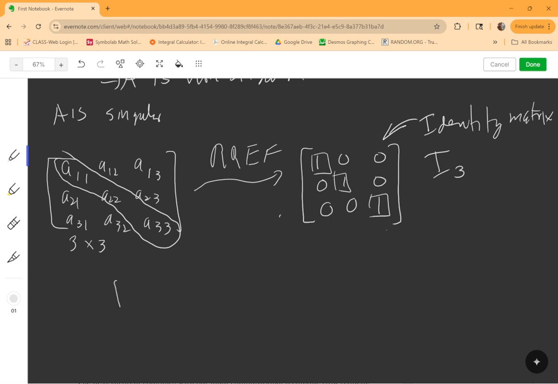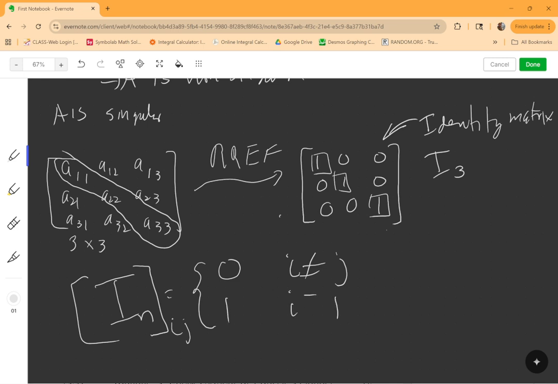So in general, we define an identity matrix, I sub n, to be equal to the following. Here, the entries I sub n, ij, are 0 when i does not equal j, and 1 when i is equal to j.